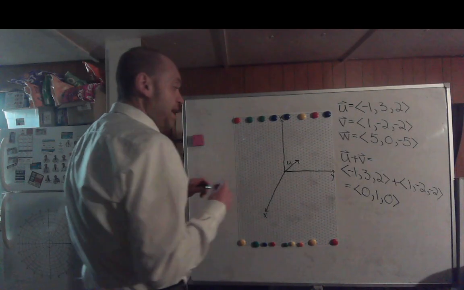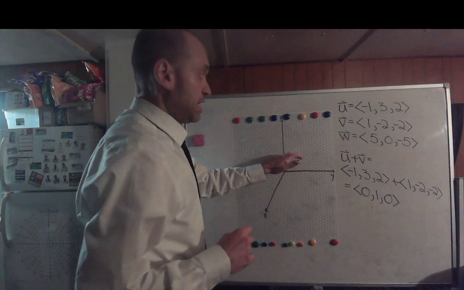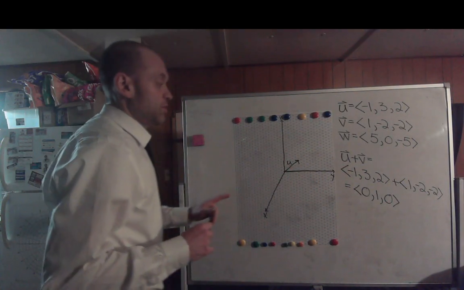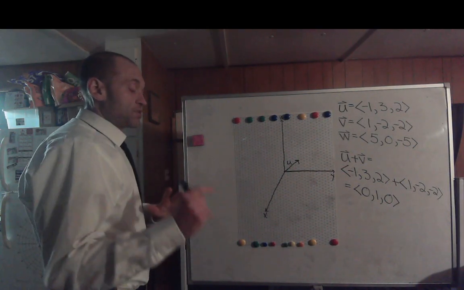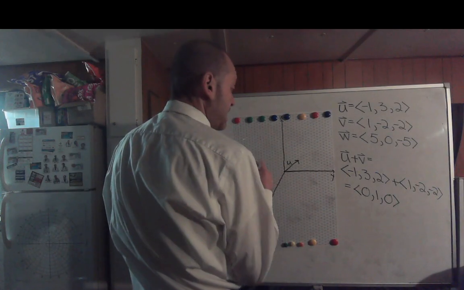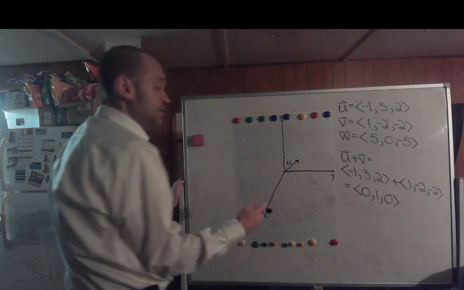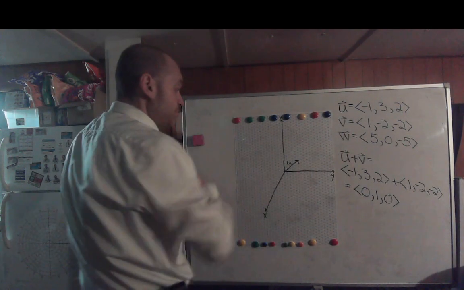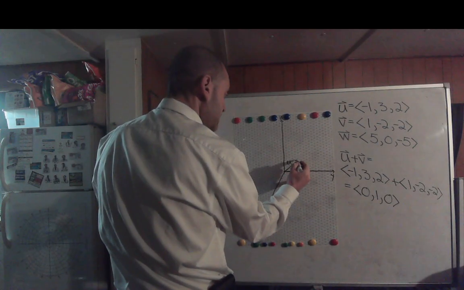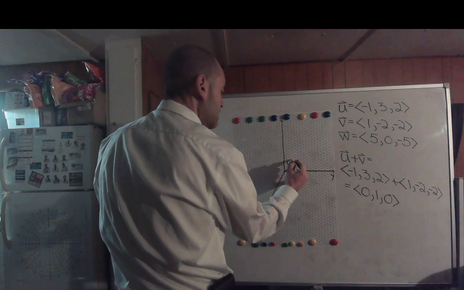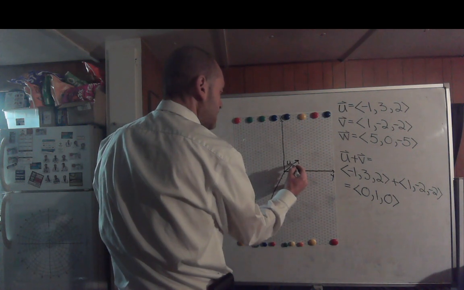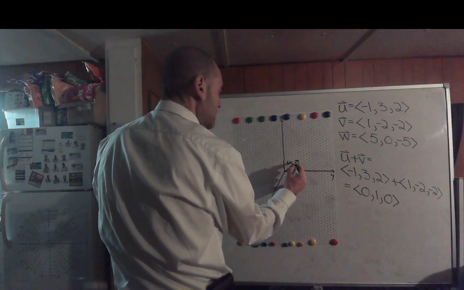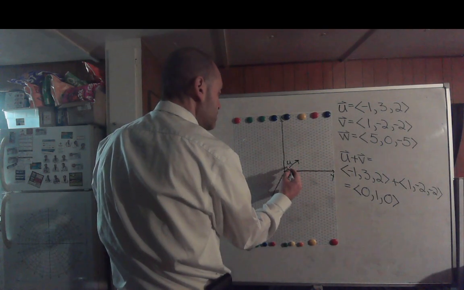So how do I add vectors graphically? I started with vector u. If you add a vector to another vector, you start at the head where the arrow is, and you add that vector to it. So I'm going to go 1 in the x direction, left 2 in the y direction, down 2 in the z direction.